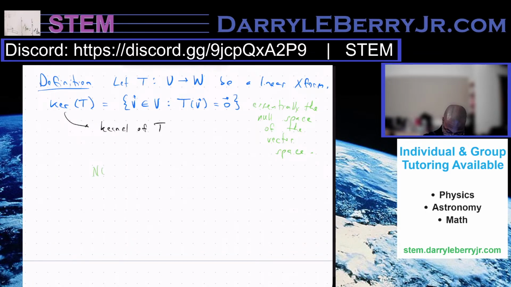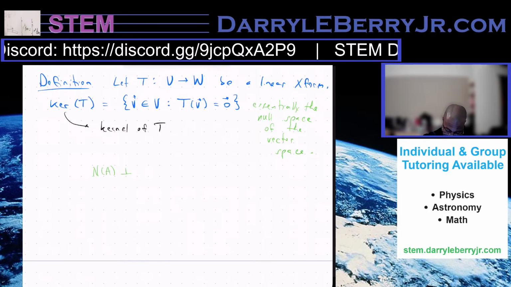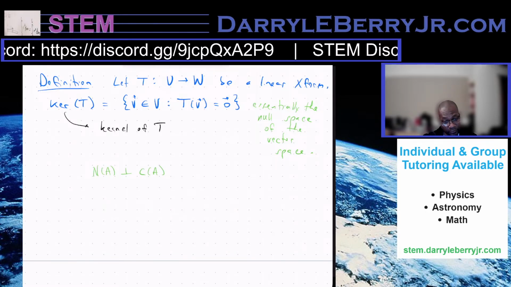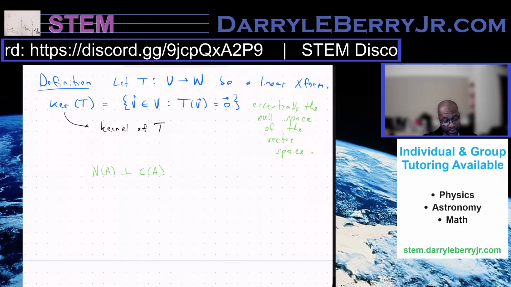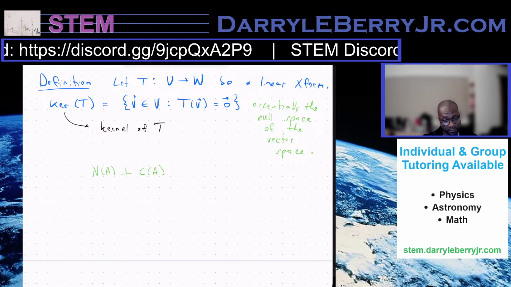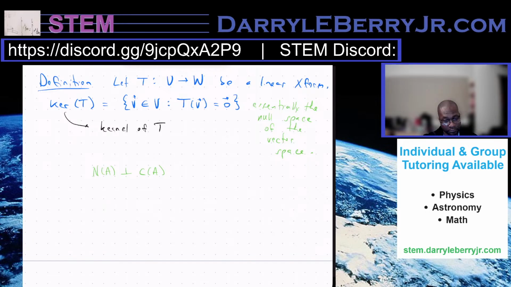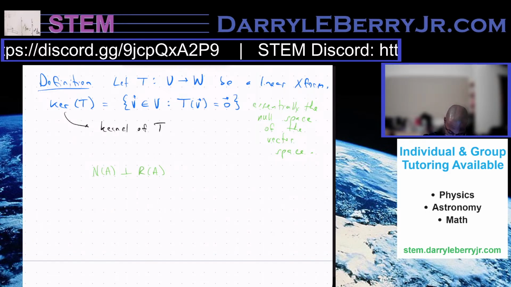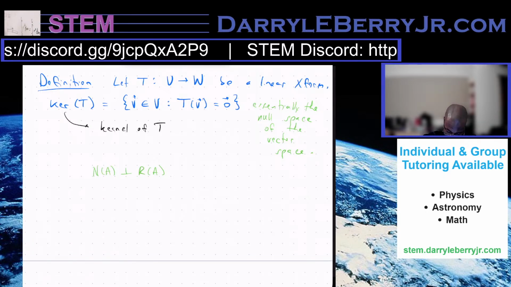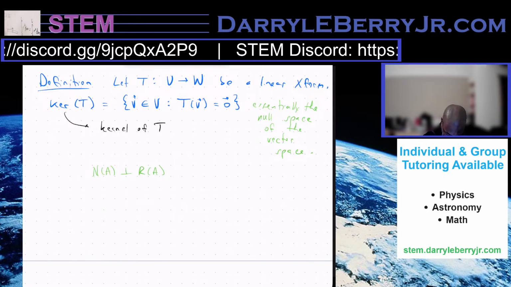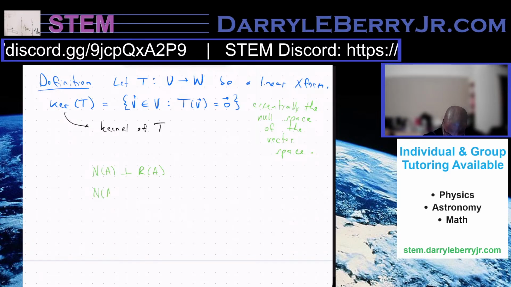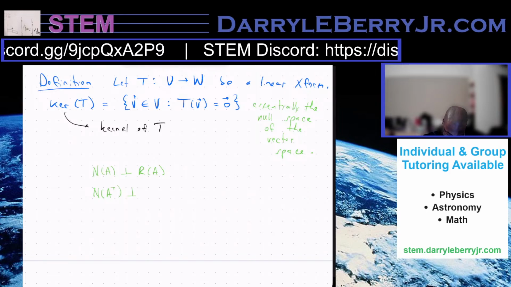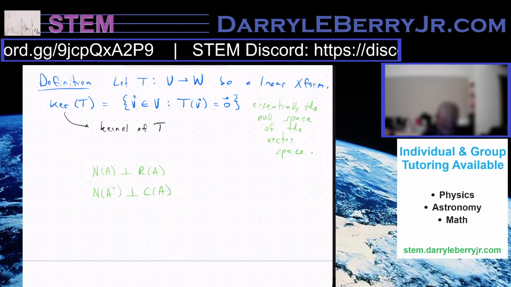But the null space is orthogonal to the column space. No, hold up. Null space is orthogonal to the row space. Null space is orthogonal to the row space. And the left null space is orthogonal to the column space.